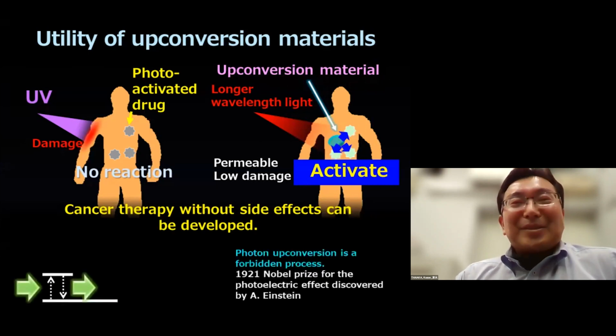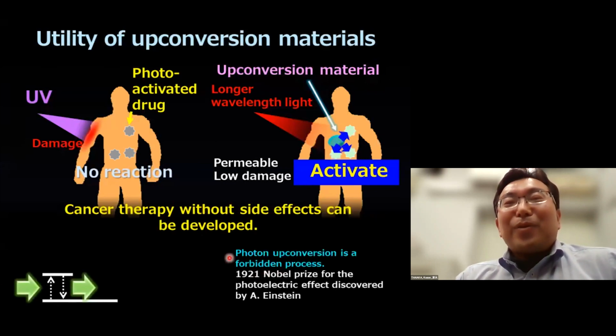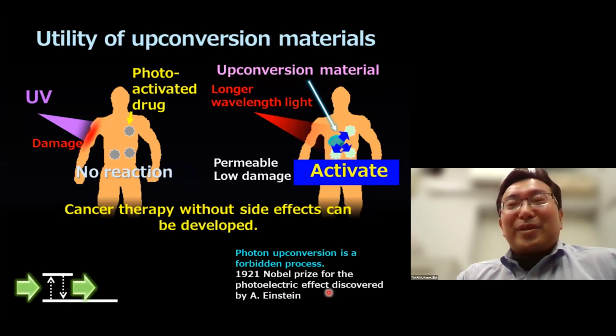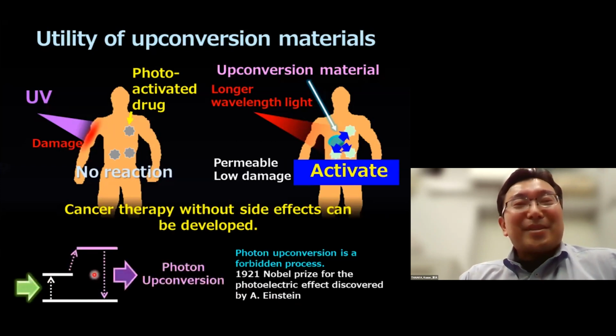It is imaginary because, according to the photoelectric effect discovered by Albert Einstein, for which Einstein won the Nobel Prize in 1921, he proved that an up conversion system should be forbidden.